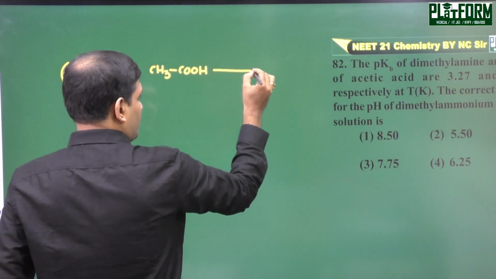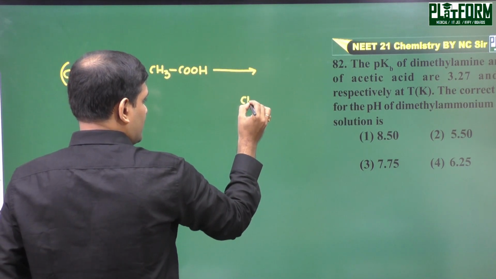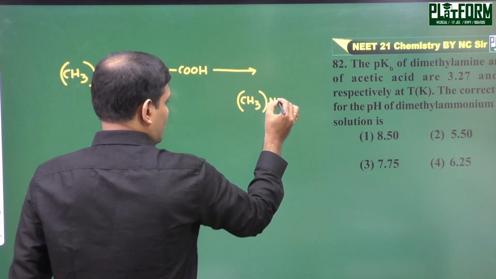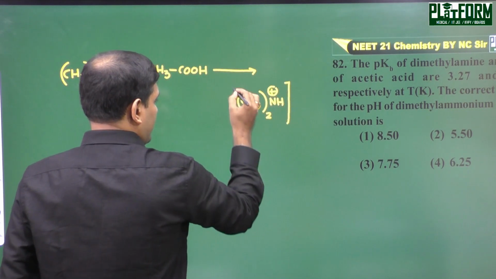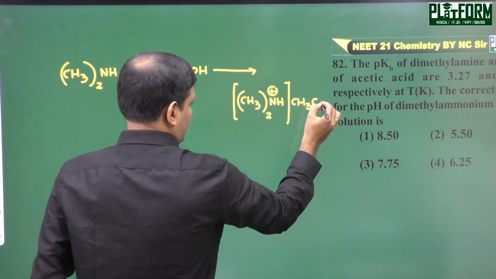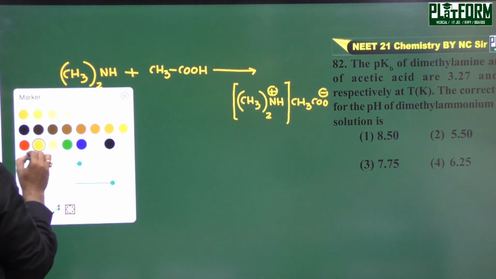it leads to the formation of a salt. No doubt it is (CH3)2NH2+ followed by acetate, dimethylammonium acetate. It will be the salt produced. Now we have this idea.